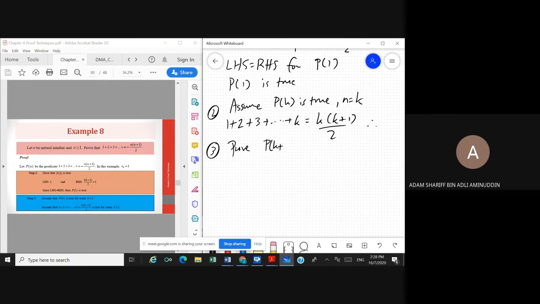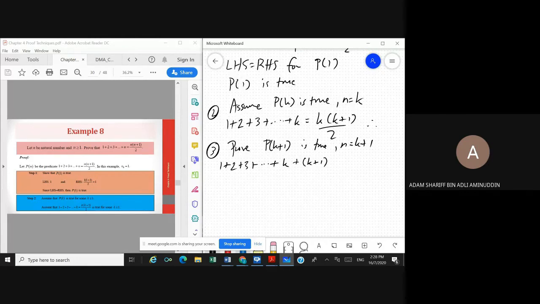But the last step, P(k plus 1) is true. N equals k plus 1. This is a different story. 1 plus 2 plus 3 will arrive at k, after k is integer k plus 1.